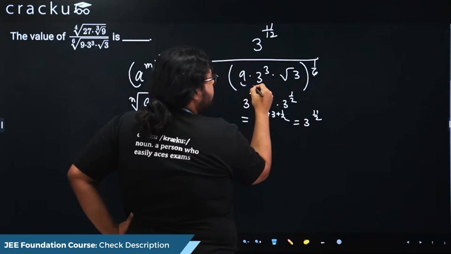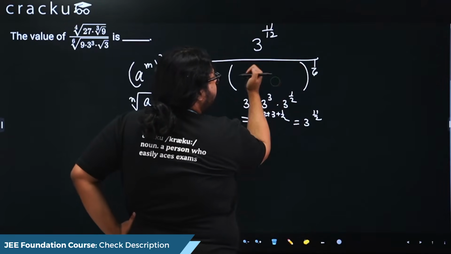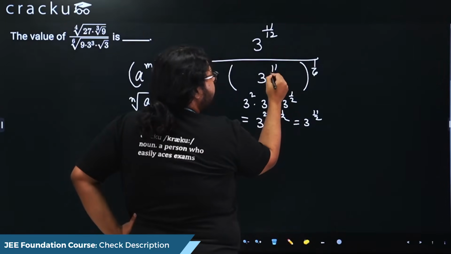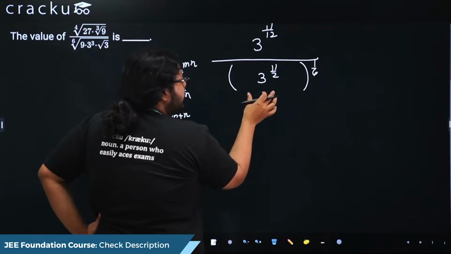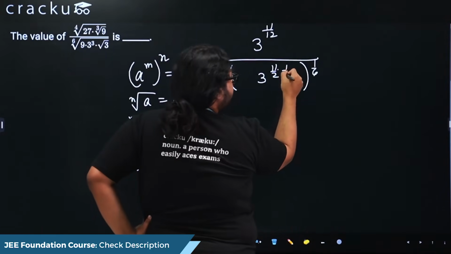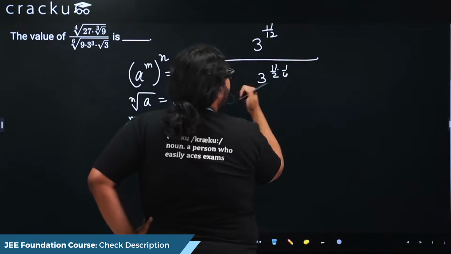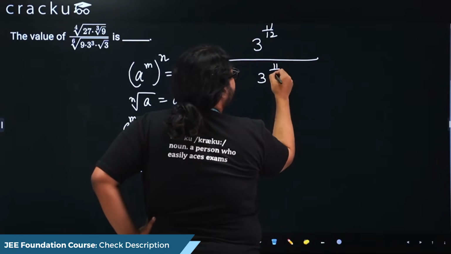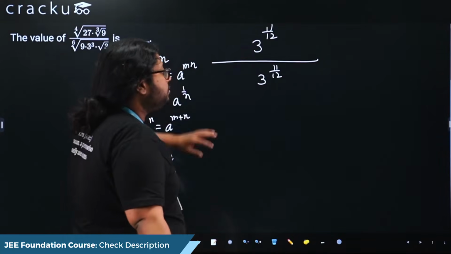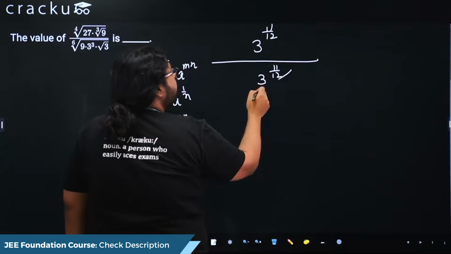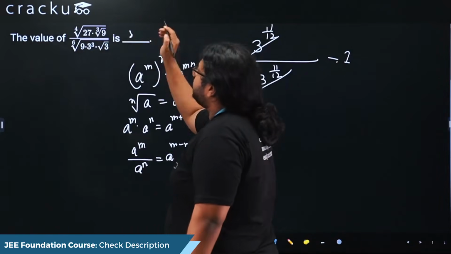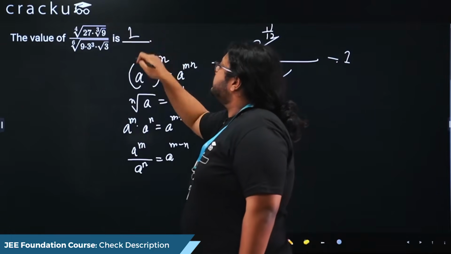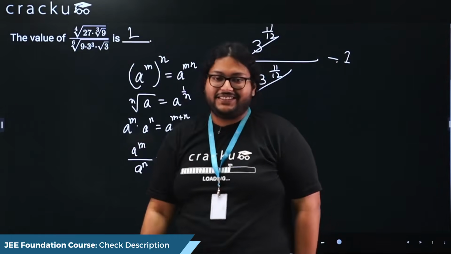So this whole thing is basically equal to 3 to the power 11 by 2. Now 11 by 2 into 1 by 6. So here also I am left with 3 to the power 11 by 12. So numerator and denominator are essentially the same. Cancel it out. What is the value of the expression? The value of the expression is 1. 1 is the correct answer here.